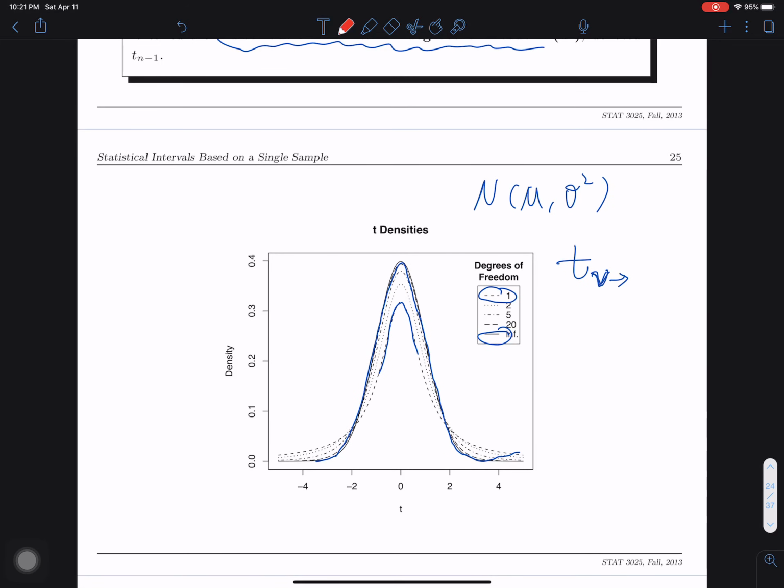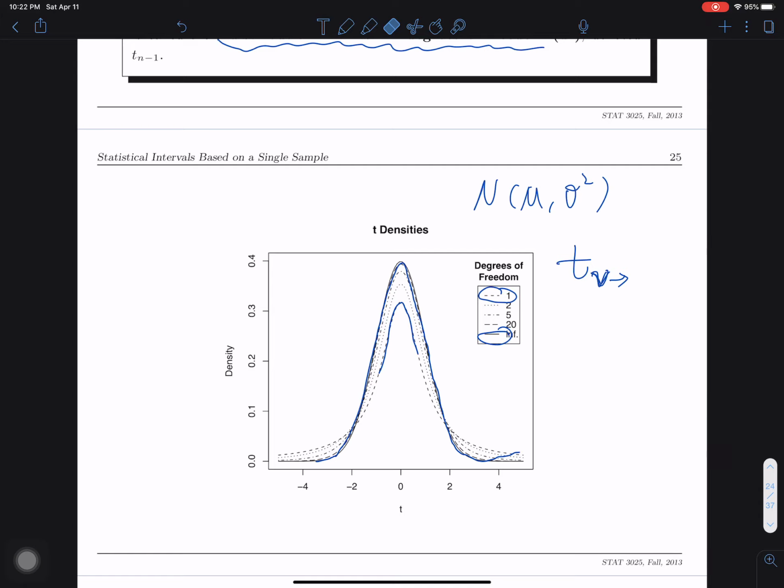So let's observe some properties of t distributions. Since t is characterized by degrees of freedom, at different degrees of freedom, the t distribution will look different. As you can see from the plot, when your degrees of freedom approaches infinity, your t density will be tall.